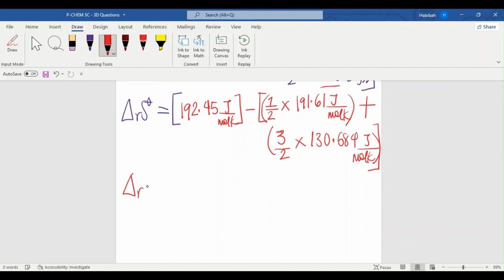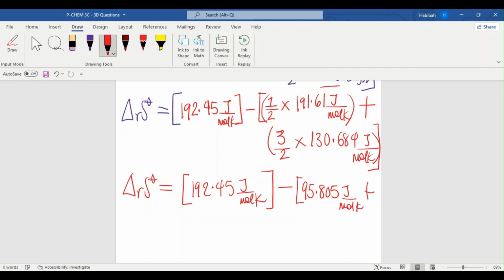So the change in entropy of reaction is simply 192.45 joule per mole Kelvin, minus half of 191.61 joule per mole Kelvin, which is 95.805 joule per mole Kelvin, plus 3 over 2 times 130.684 joule per mole Kelvin, which is 196.026 joule per mole Kelvin.